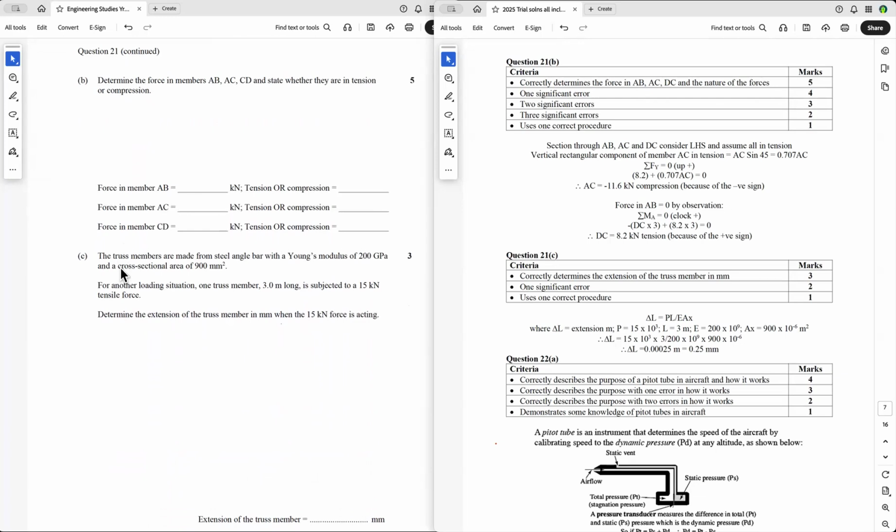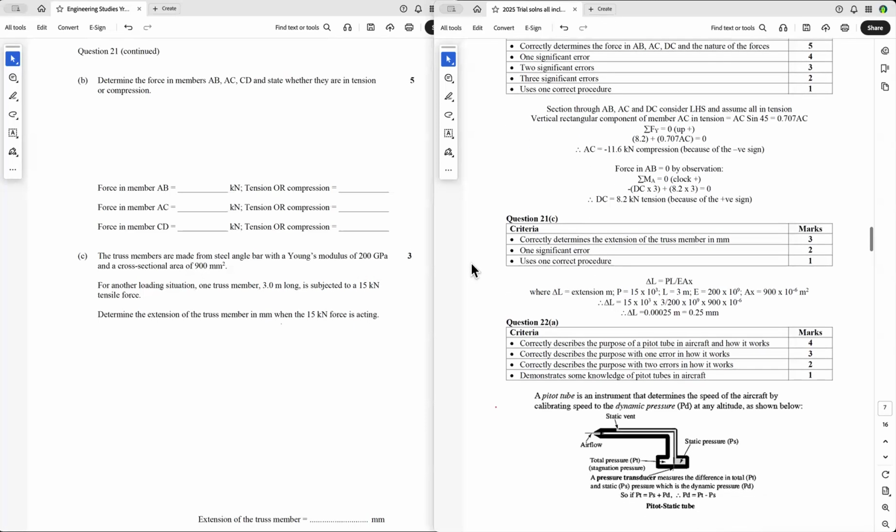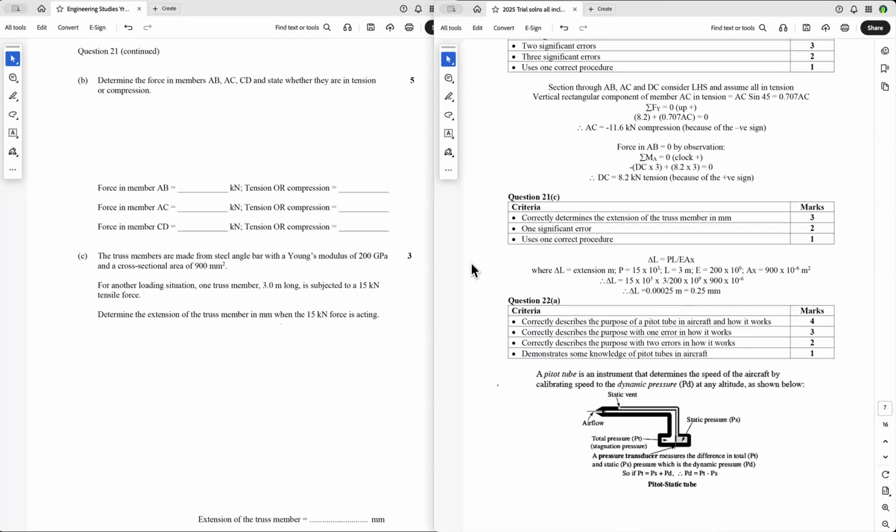Determine the extension of the truss member in millimeters when the 15 kilonewton force is acting. Now, the best way to do this is using the Ply formula, which is explained on page 34 of the workbook. So you write down your formula, you write down all of the values, and then substitute.